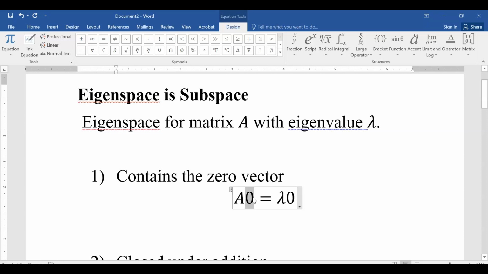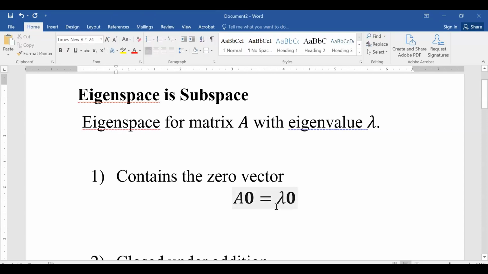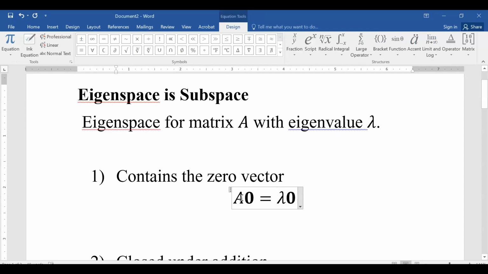And you say, well, of course, the zero vector multiplied by A gives me the zero vector, which is the same thing I get when I take lambda times the zero vector. Basically, the zero vector has to be in there because the zero vector, when you multiply it either by a matrix or by a scalar, gives you the zero vector. Therefore A times the zero vector is equal to lambda times the zero vector. So yes, my eigenspace contains the zero vector.